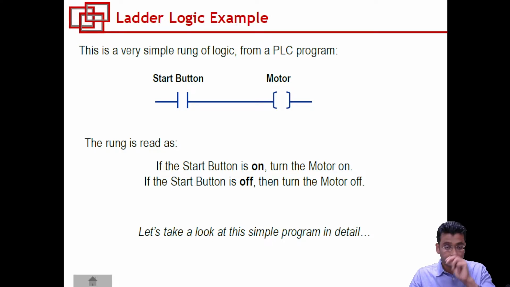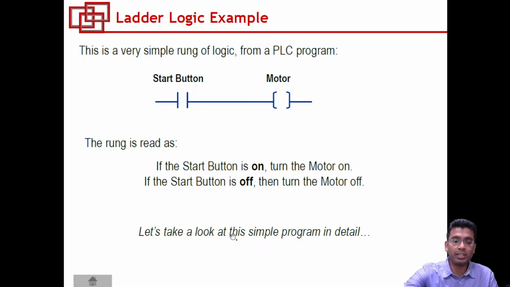So what you see here is a very simple rung, and this rung is defining one logic. What is the logic in this? The logic is that if the start button is on, then the motor is on. And if the start button is off, then the motor will turn off. This is one of the simplest logics that you can make in a PLC program using the ladder diagram.